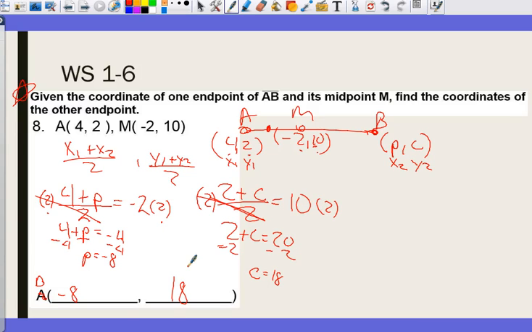Multiply both sides by 2, so that cancels out, and we get 0 plus x2 is equal to 2 times 2, which is 4, and that's what we got here before. Okay? That's all you're doing. Instead of plugging them both into here, you plug one in here and then one in here, and you solve that one. Where did I get p from? I just made up that variable. It could have been any letter. You could have kept it as x2 if you wanted to.